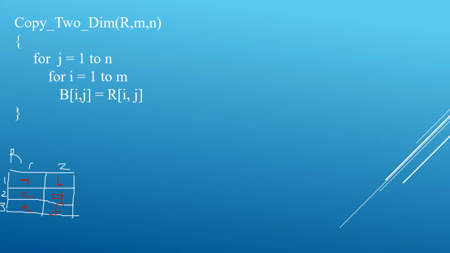Now, if you will have a copy by column, that means our priority will be per column. We will process first all the elements in that column before we go to the next column. So we will process first row 1, column 1, and then followed by row 2, column 1, followed by row 3, column 1.